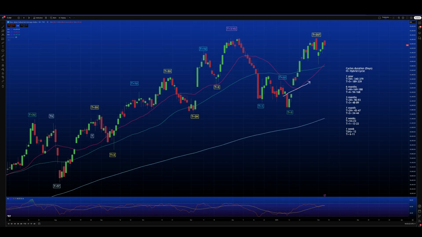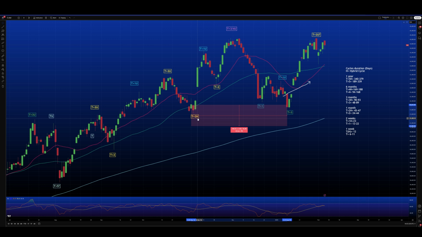I have updated already the chart for the Dow Jones here. So I was expecting a push to the upside, something that has happened. But here we have, in this case, a T+2 hybrid cycle because the duration was 46 days. Okay.